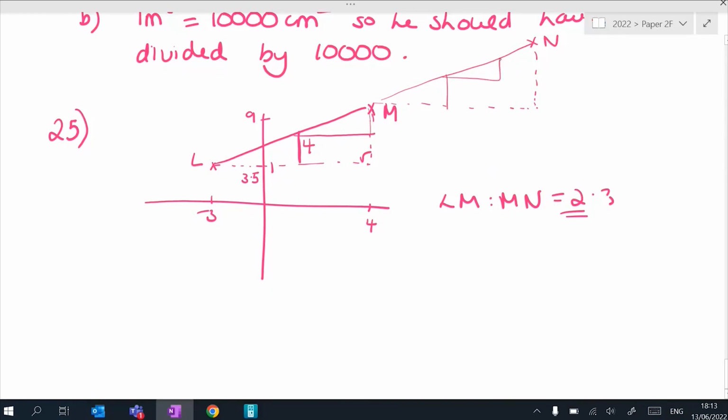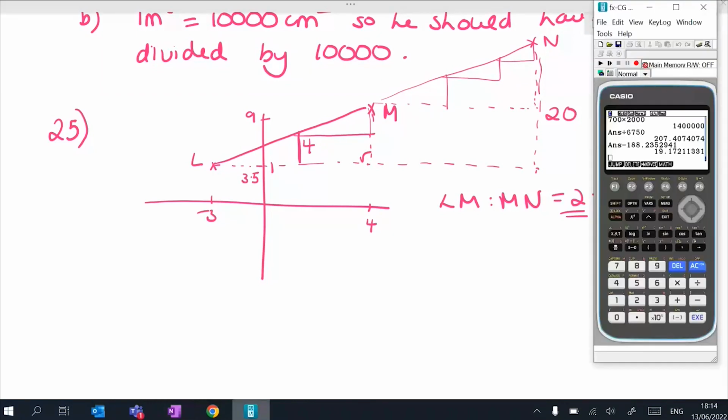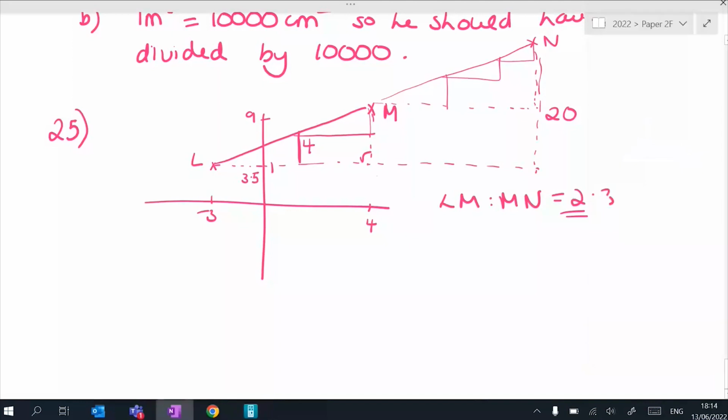Then this one is going to go into 3 parts of the ratio. Okay. So I can multiply my 3.5 by 5 to get this whole length here. And then do the same with 4. So 4 times 5 is 20. And 3.5 times 5 is 17.5.